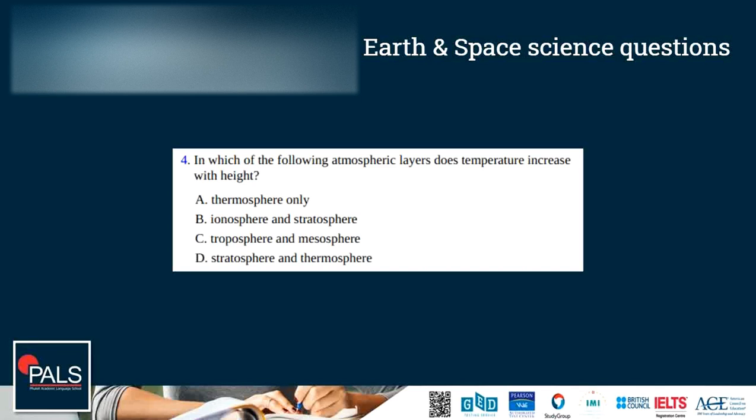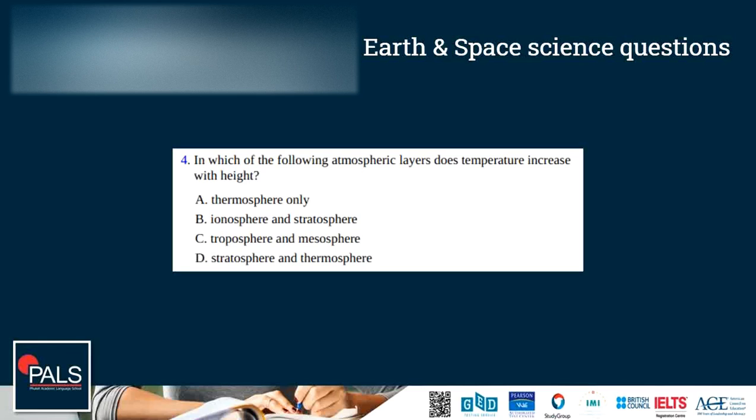The correct answer in this case is not A. It is actually D. So the thermosphere is correct, but it's not only the thermosphere, it is as well the stratosphere. This is because in the thermosphere we have a lot of influx of solar radiation, which causes an increase in temperature with increasing height.